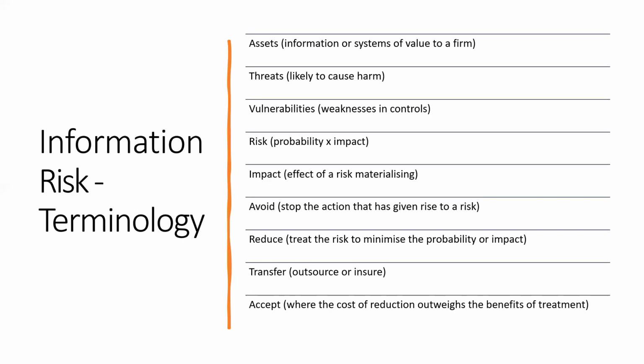A firewall configuration that has ended up blocking access of internal employees. That is a threat. An internal employee could be a threat because they could maliciously or accidentally configure a system or misconfigure a system rather.